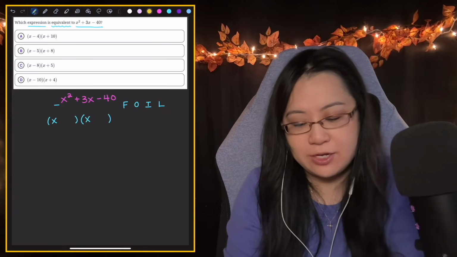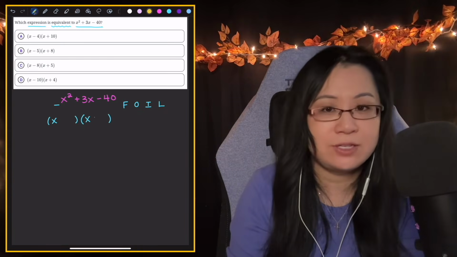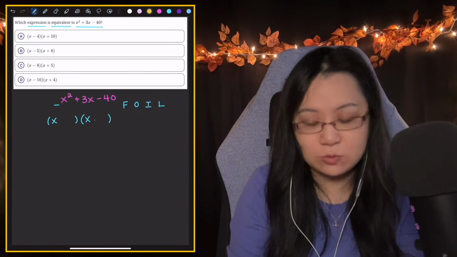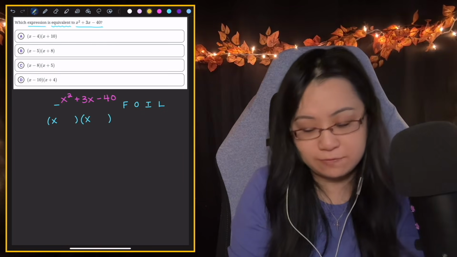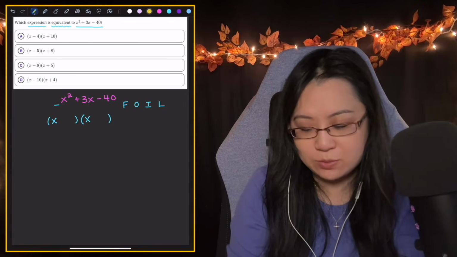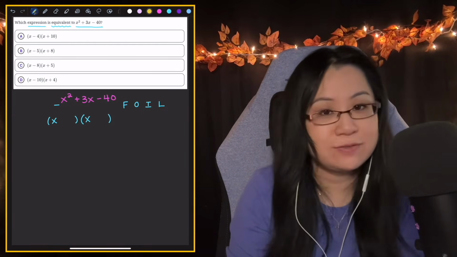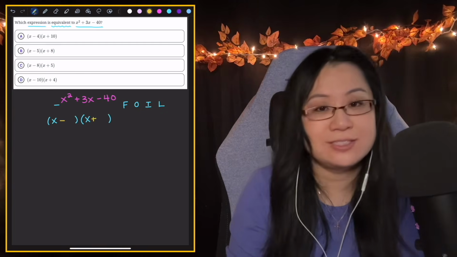Now in order to get a negative product, one of these numbers has to be positive and the other has to be negative. It doesn't matter which one as you write it out, as long as you are consistent with your actual factors. But I am looking at our possible answers here, and they do all negatives for the first one and positive for the second, so I'll just do the same there, just for consistency here.